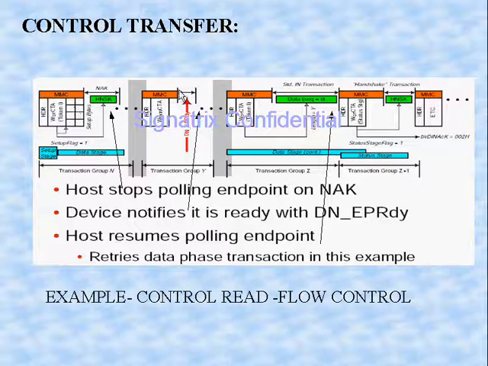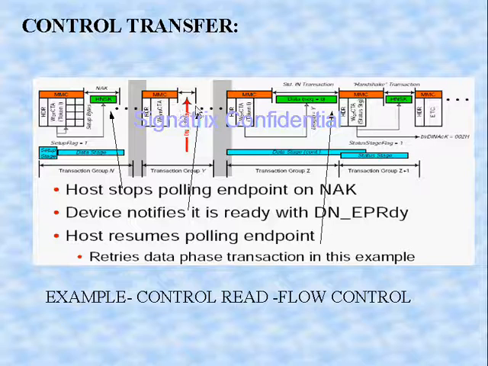This is a control transfer. So we know that a control transfer will start with the setup bytes. It is sending setup bytes, but the device is already busy, so it is not able to receive those setup bytes. So it is sending a negative acknowledgement. So the host does not schedule any transaction for this endpoint. After some time, this device sends a device notification ready.